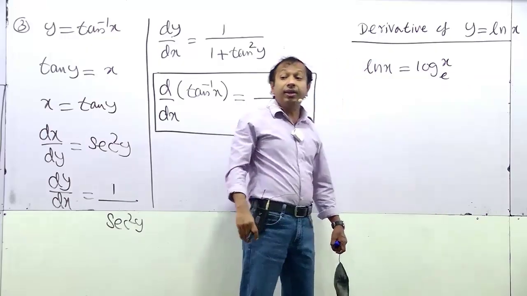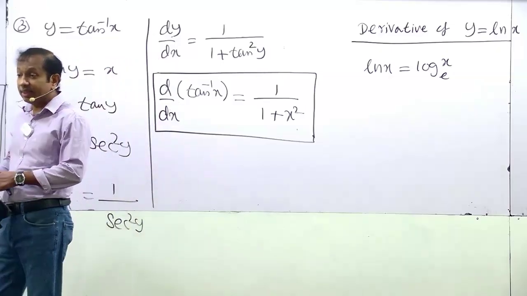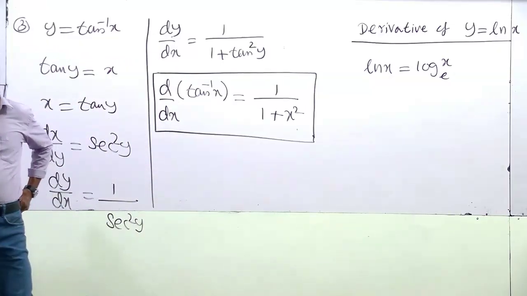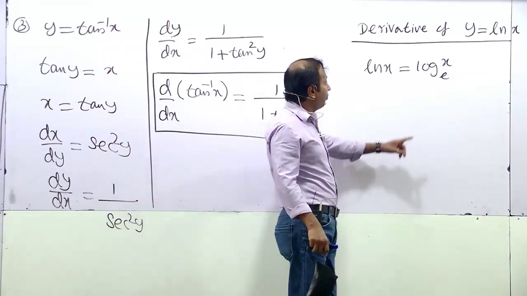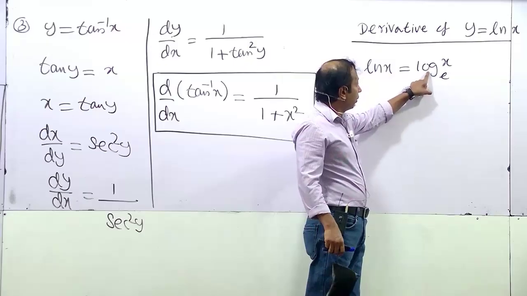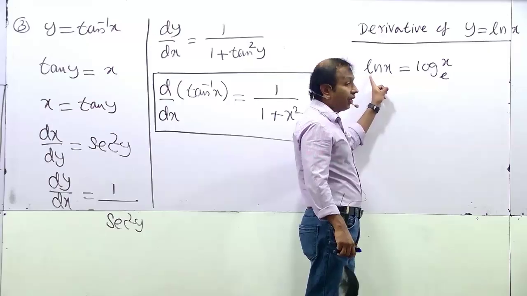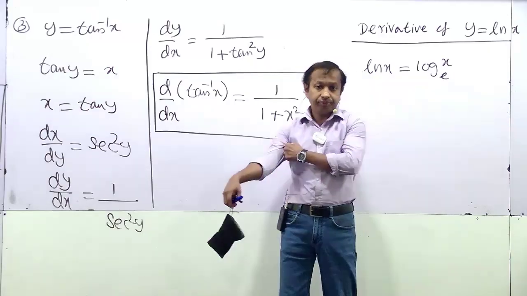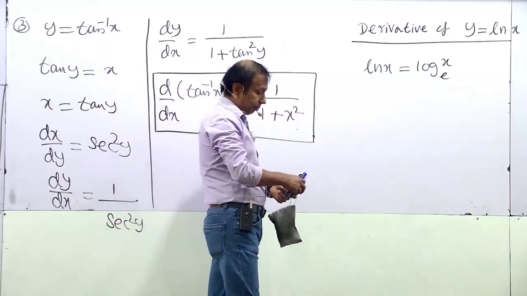You know what is meant by e? Exponential e, as in the exponential function. When the base of the logarithm is e, we write it as ln x this way.